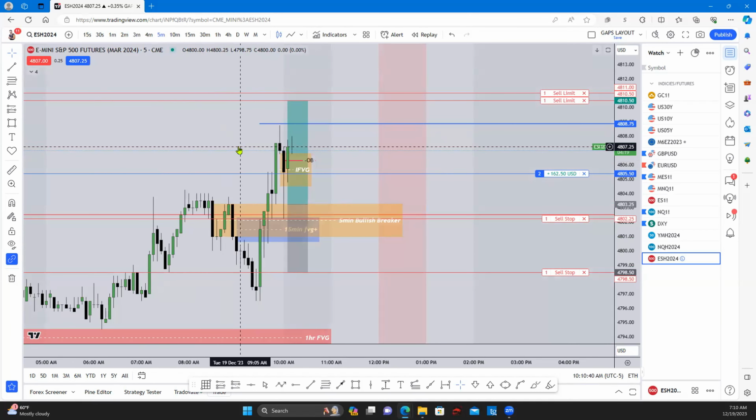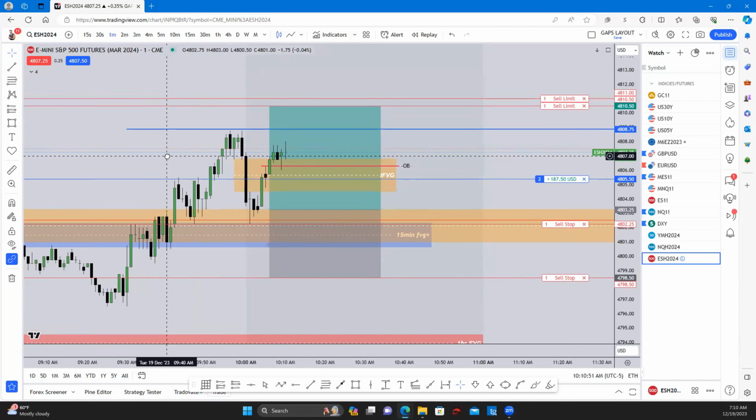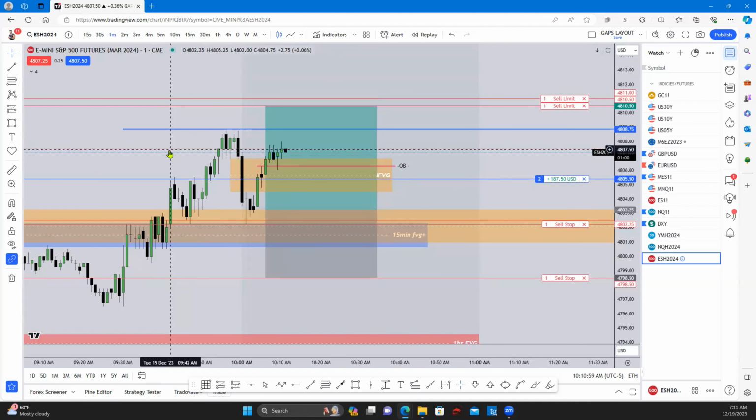I'd like that we close above this 5-minute gap here, using this 5-minute gap in here. There's a small 1-minute gap here, so we can get through that.